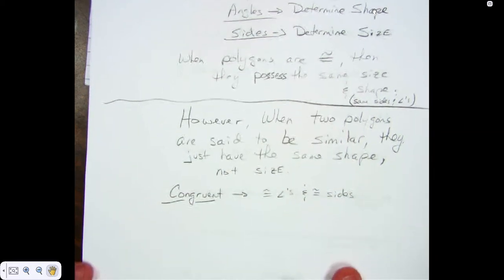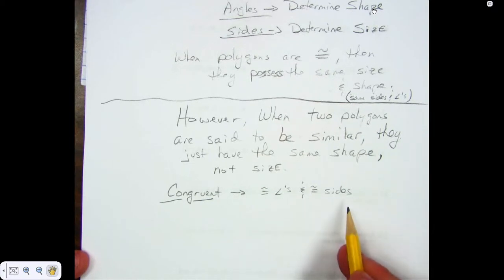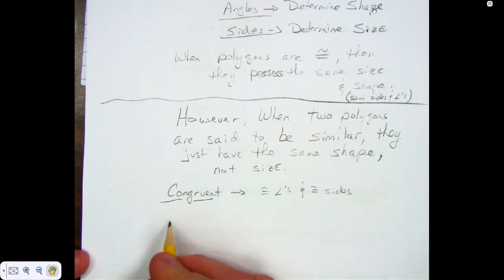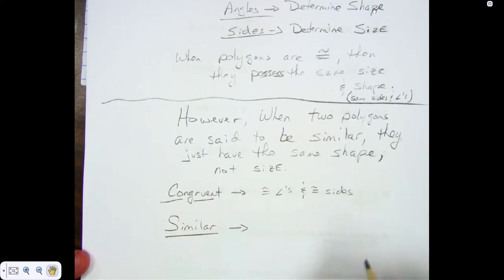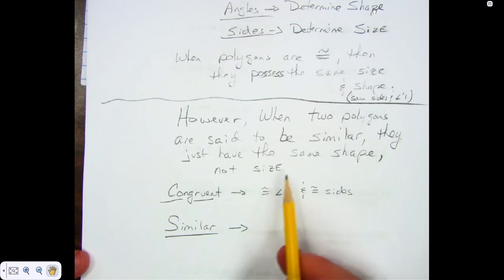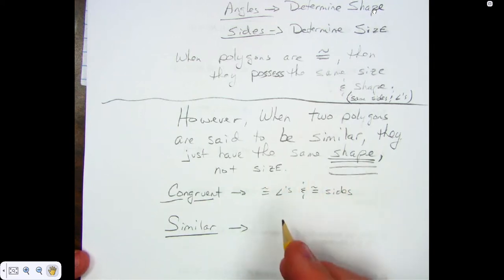So to add to that, when things are congruent, they have congruent what? Angles and congruent what? When they are similar, though, what did I say? It's the same what? Shape. What does shape deal with? Is that the angles or the sides?